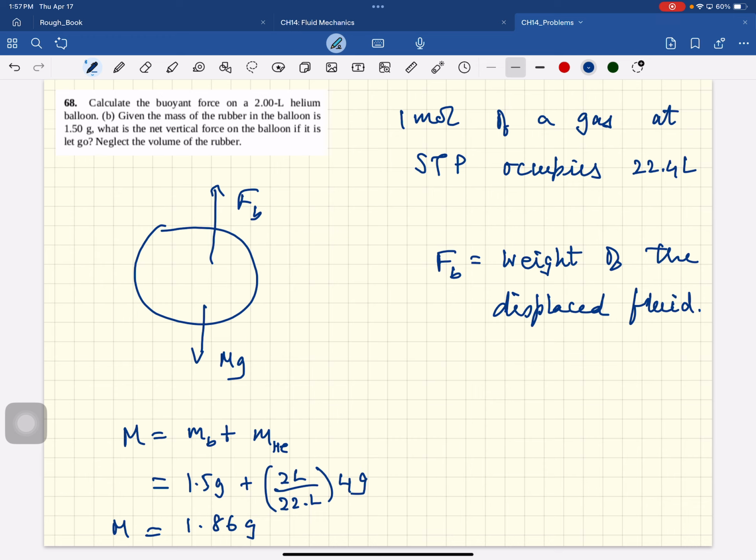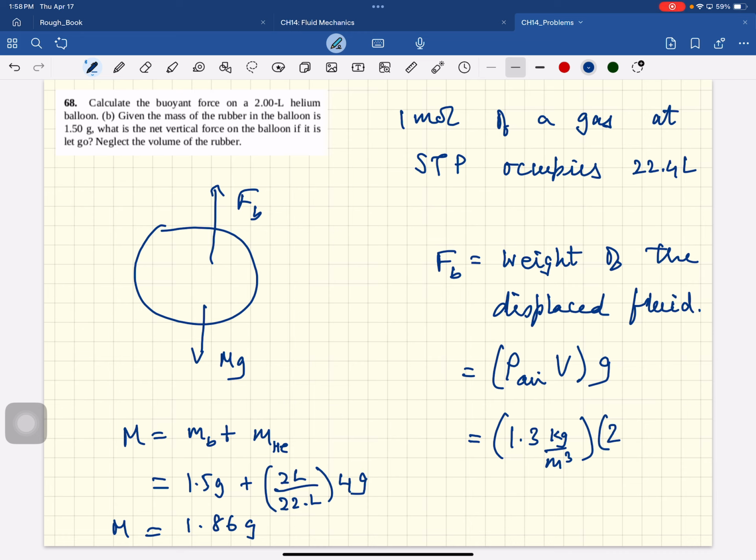What is the displaced fluid? Air. Very good. Okay. So density of air times the volume displaced times gravity. And the density of air is 1.3 kg per meter cube.